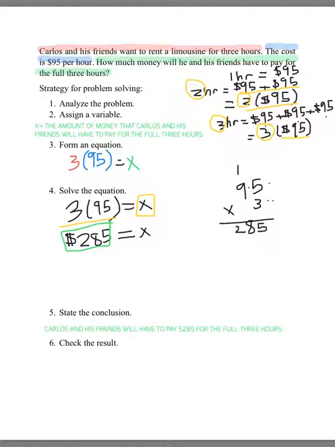Now the last thing to do is check the result. When checking the result, you want to start off with the original equation: 3 times 95 is equal to our variable x. However, we already know that x is equal to 285, so we'll substitute that in for x. Everything else will stay the same, so we'll also have 3 times 95 on the left-hand side.